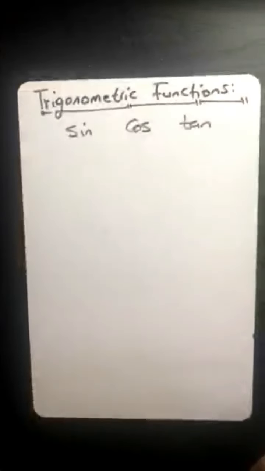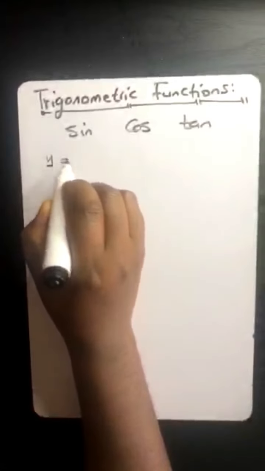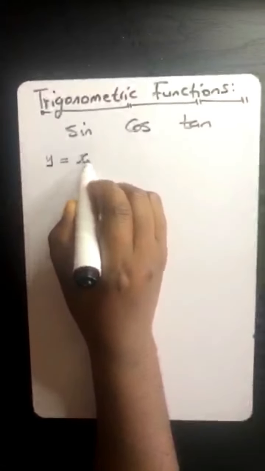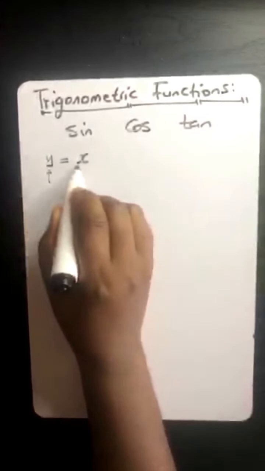So when we talk about a function, Chumi, we simply refer to y in correspondence with x. We want to know what the y value is as the x value changes.